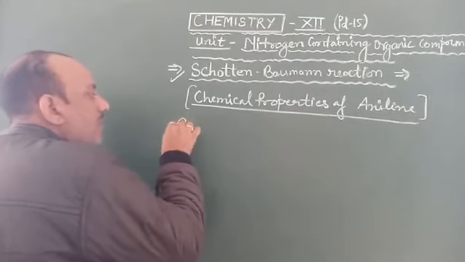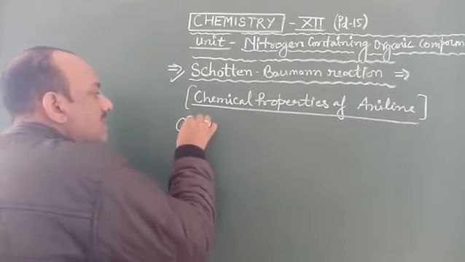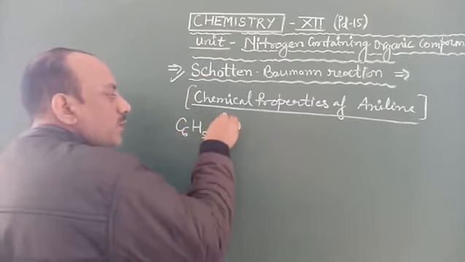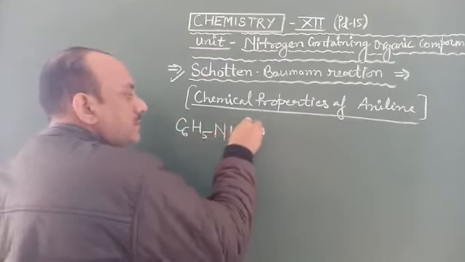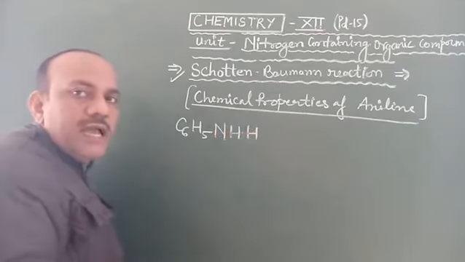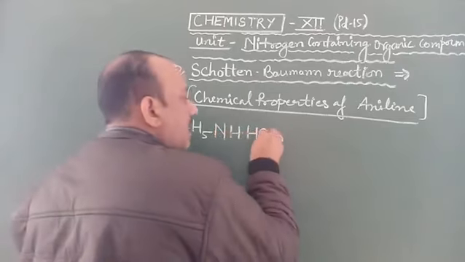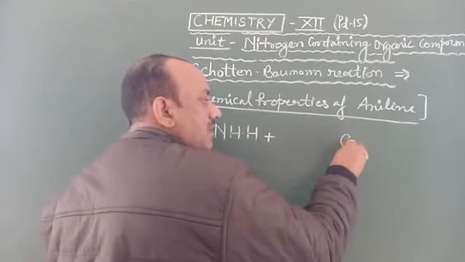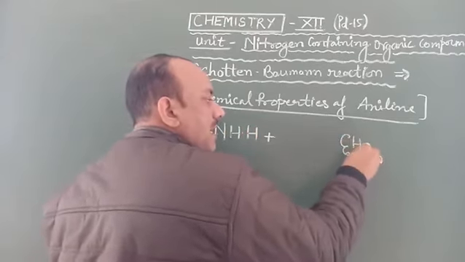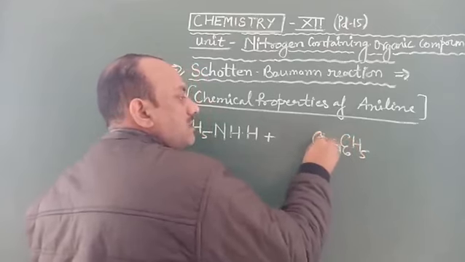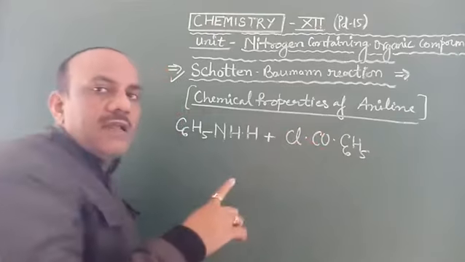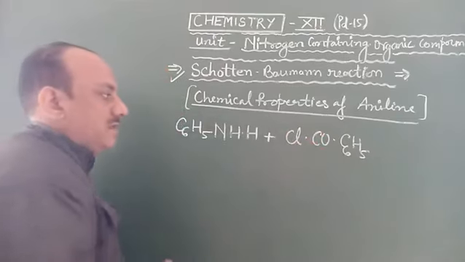Aniline's molecular formula is C6H5NH2. It reacts with benzoyl chloride. The formula of benzoyl chloride is C6H5COCl. It is in the category of acid halides.